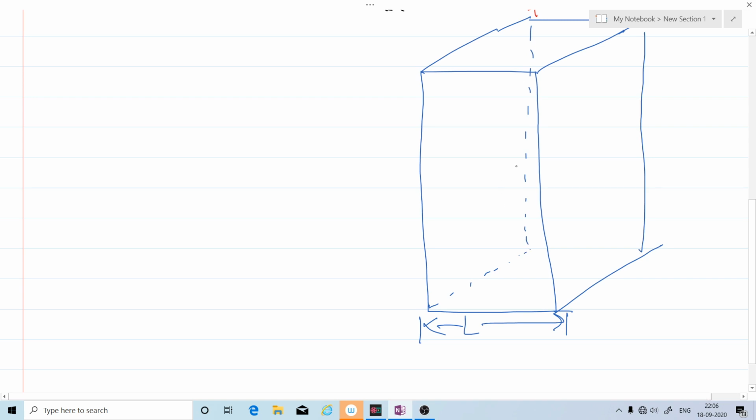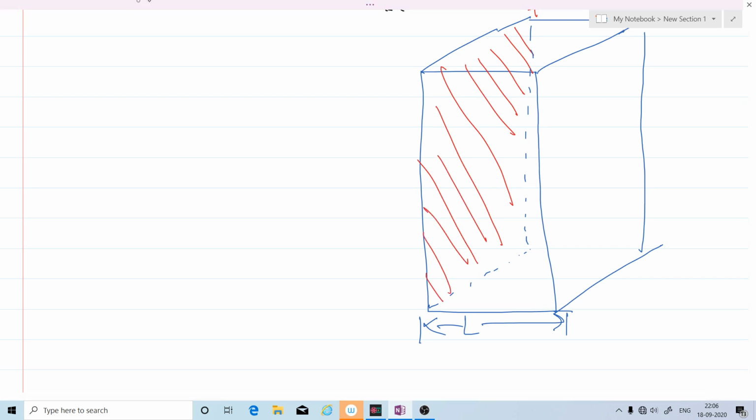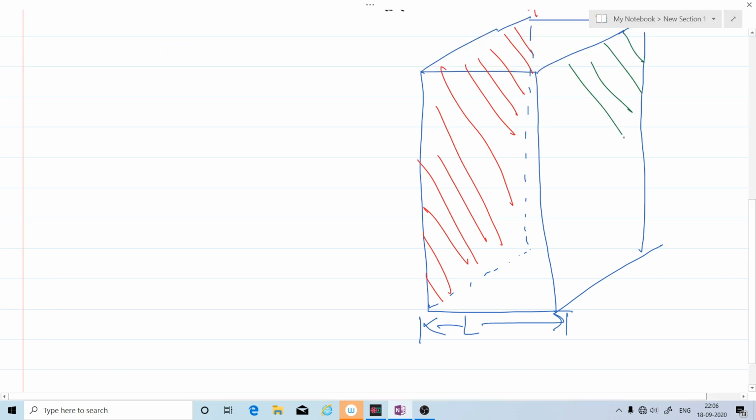This is the left face, and this one is the right face. I will hatch them with different colors. The face hatched with red color is the left face, and the one colored with green is the right face.